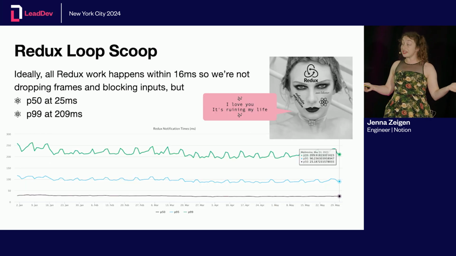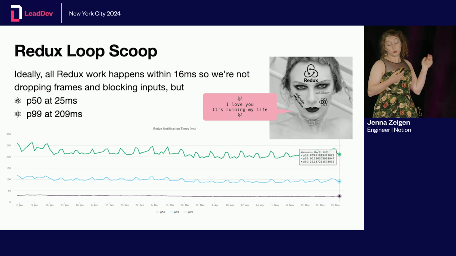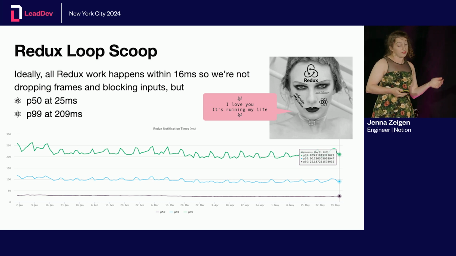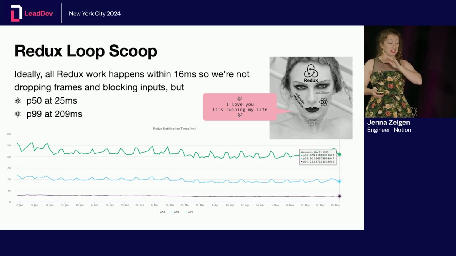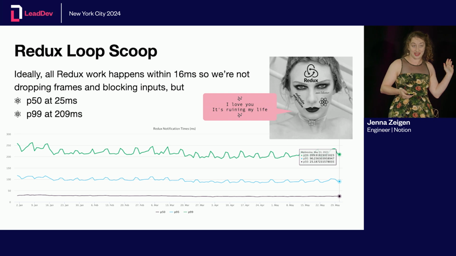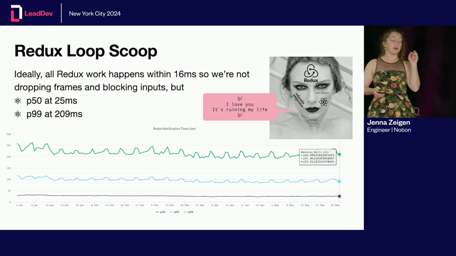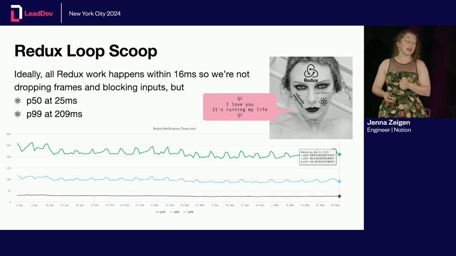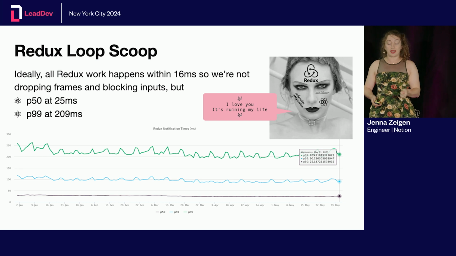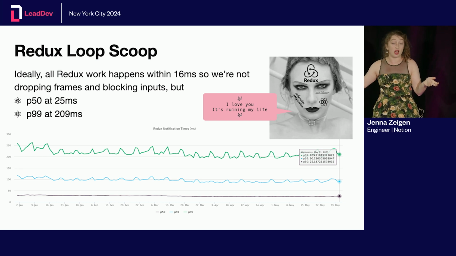And we did see this in the metrics. Unsurprisingly, more than 50% of the time, we were not hitting that 16 millisecond animation frame budget, which meant that we were dropping frames and blocking inputs. And P99, so 1% of the time, we were above 200 milliseconds, which is, frankly, unacceptable.